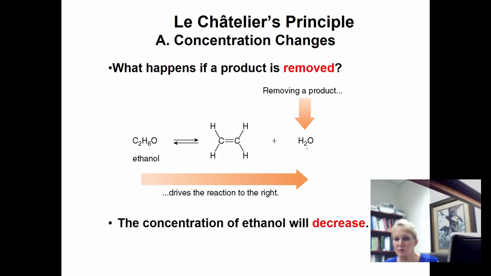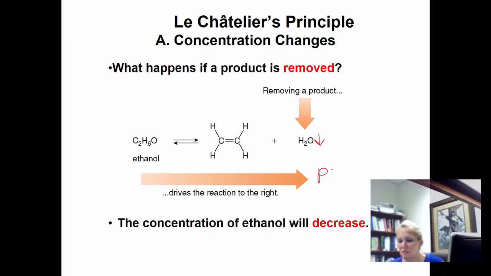Water is one of our products here. If you remove water in the reaction, this could actually be a favorable condition if you had a way to pump water out of the reaction, because as you remove it, more and more is going to be made, because the equilibrium shifts to the side of the loss. So here we remove water and the equilibrium shifts to that side.